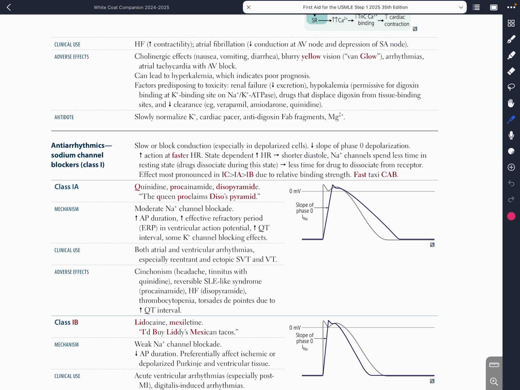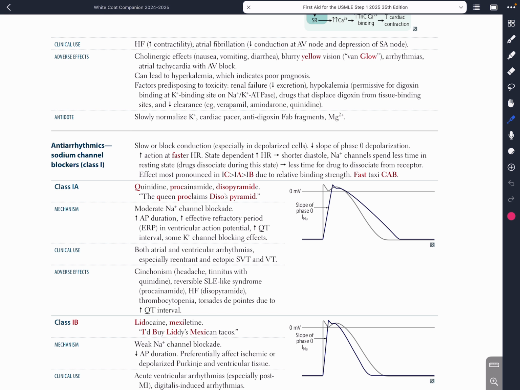Hypokalemia is permissive for digoxin binding at the potassium binding site of sodium potassium ATPase. Drugs that displace digoxin from tissue binding sites and decrease clearance are verapamil, amiodarone, and quinidine.